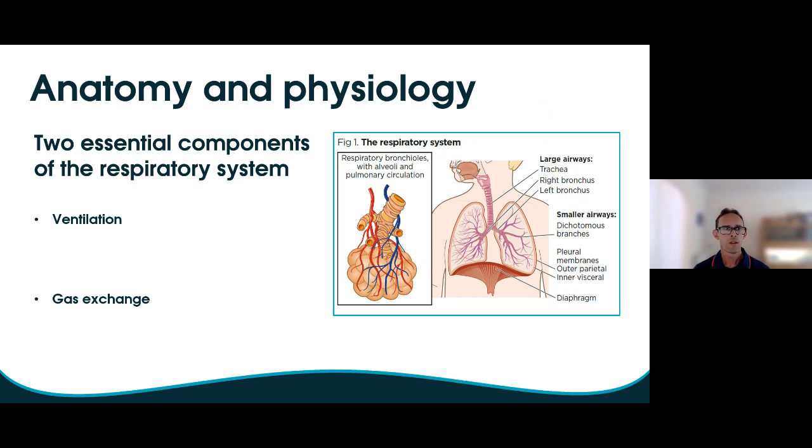Poor gas exchange, as seen in conditions such as pulmonary fibrosis or emphysema, caused by a thickening of the alveoli wall and destruction of the lung tissue respectively, results in a higher resting respiratory rate. It's therefore important to consider patients' normal baseline.